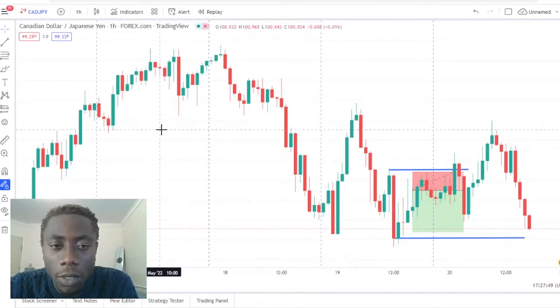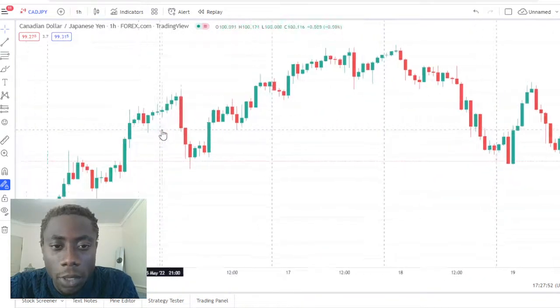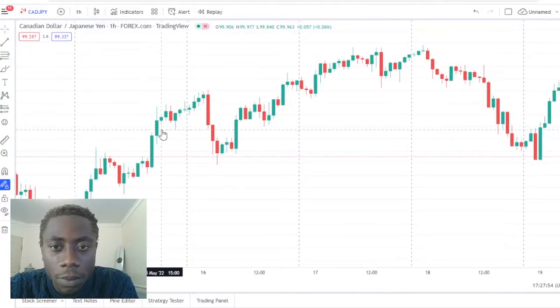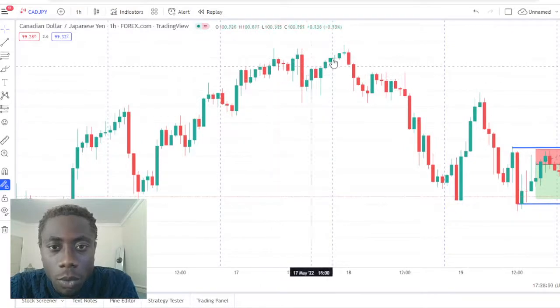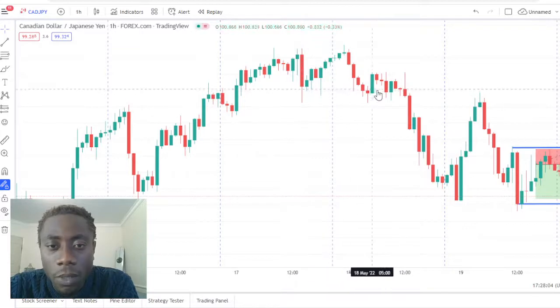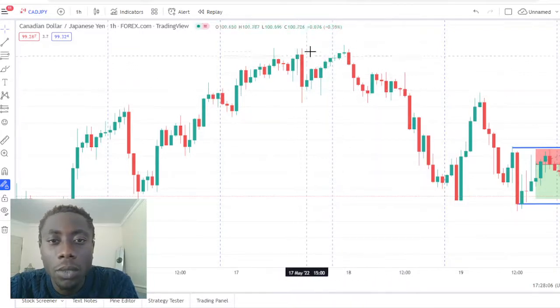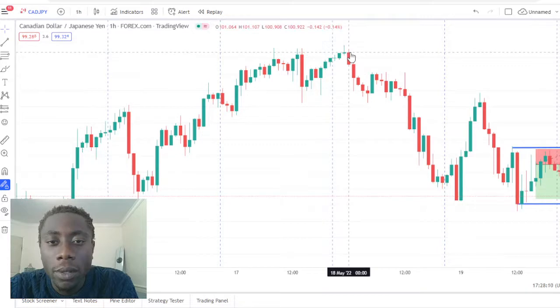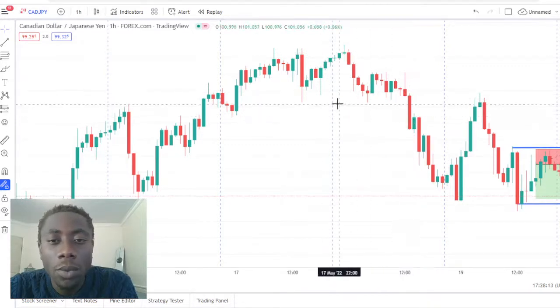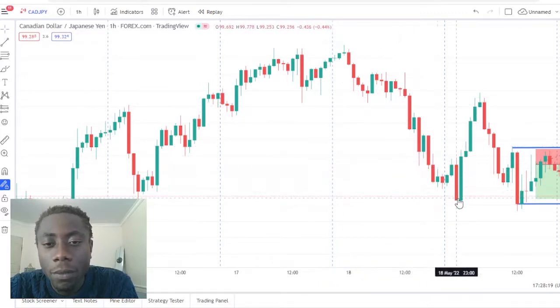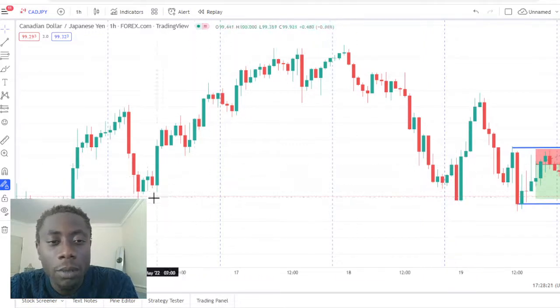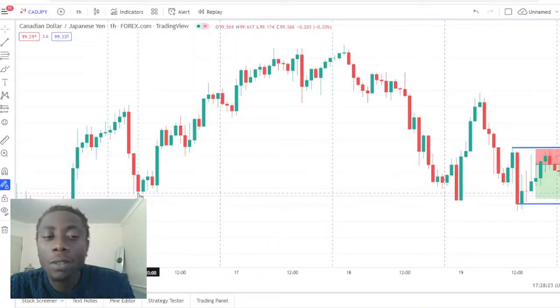I wouldn't say specifically nice, but the market had been going up for several days and then transitioned from an uptrend to a downtrend once price started breaking lower lows and making lower highs and lower lows, breaking through those lower areas, dropping and creating newer support levels. Actually, that lined up with previous support levels here.